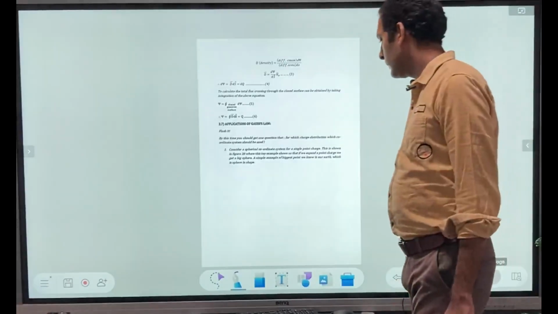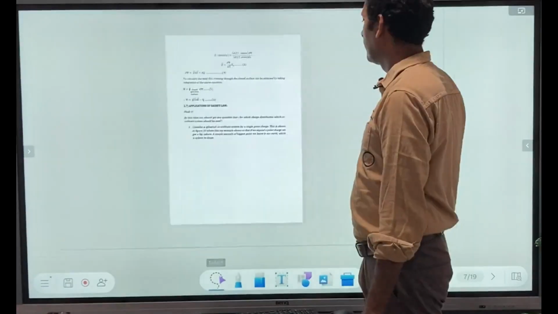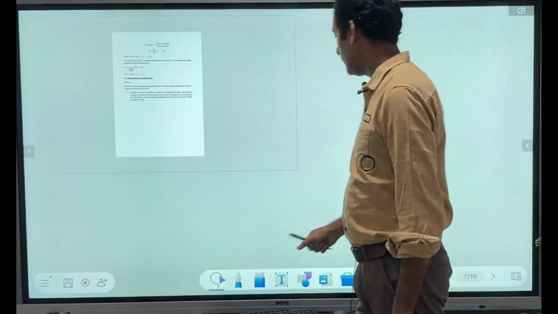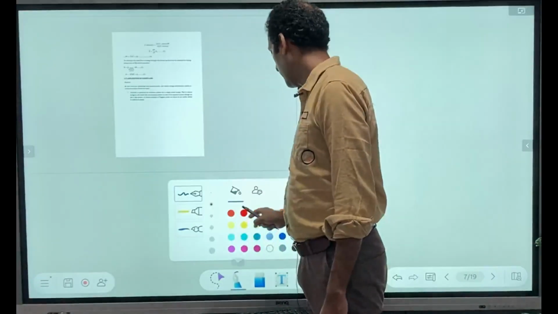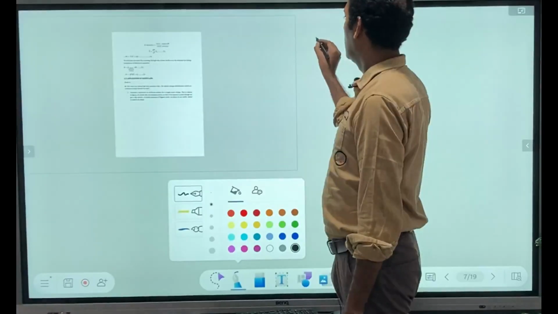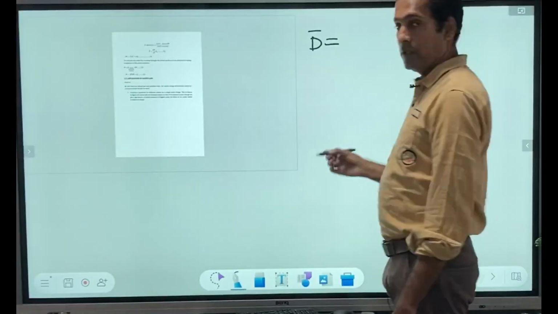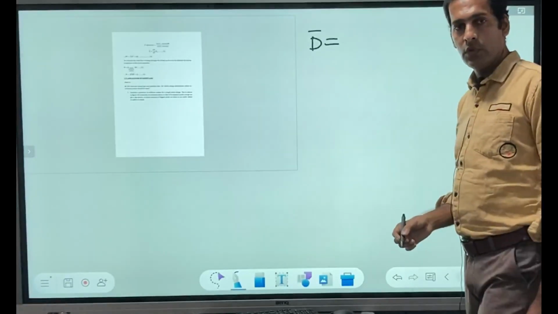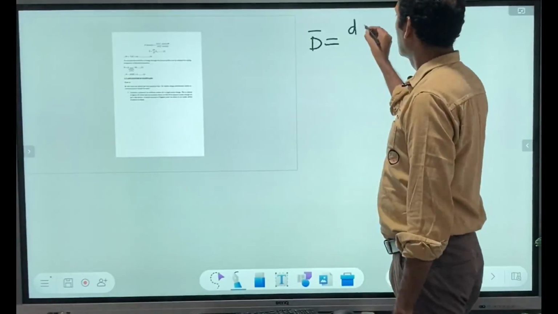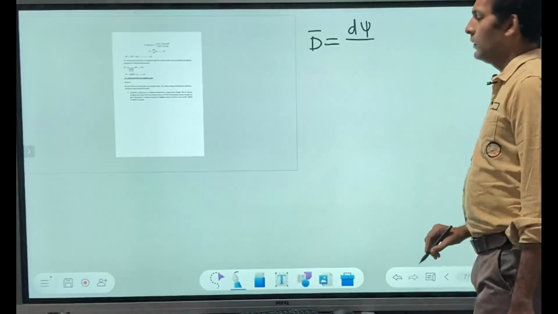So in other form, if we take the basic definition of the flux density, any kind of density, say D bar is the density, it will be directly proportional to the differential flux.